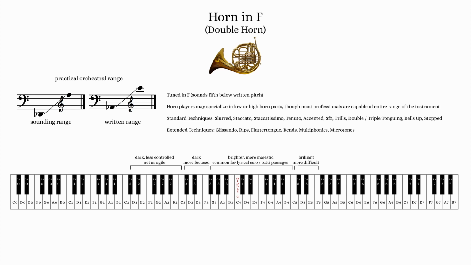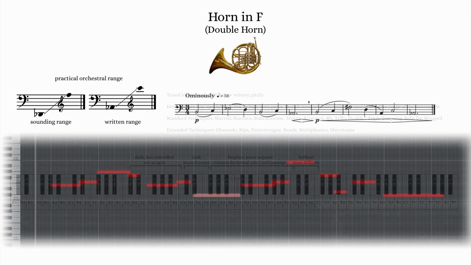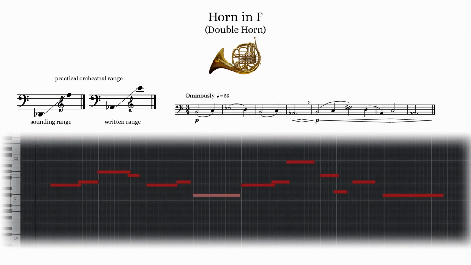With such a wide playable range, there are of course differences in timbre throughout the range. Notes written on the bass clef staff tend to be much darker and less controlled. It's more difficult to play faster or more agile down in this range.